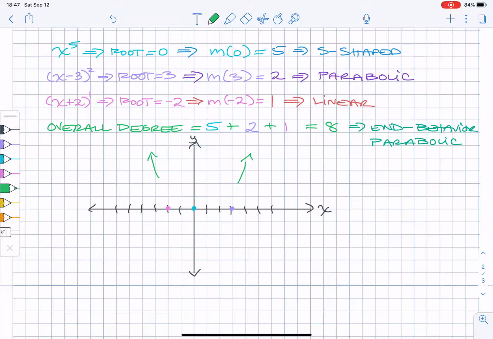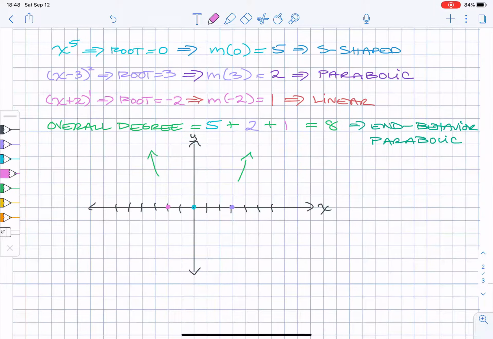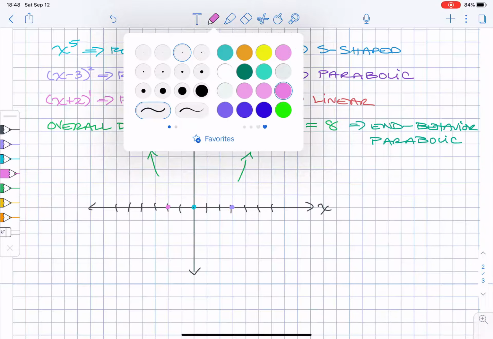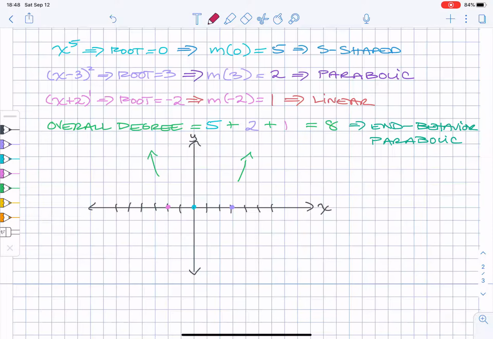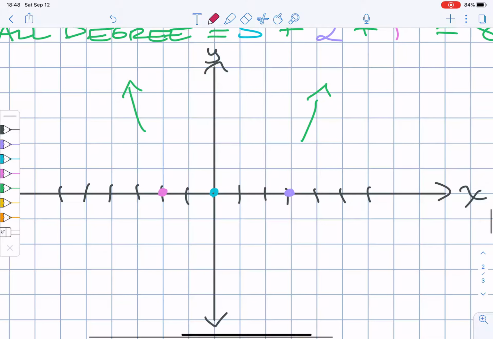Okay, so what that means is that I go from left to right in reading direction. I'm going to come down and I'm going to go through the root from top to bottom as a little line. So let me zoom in and make this a little line.